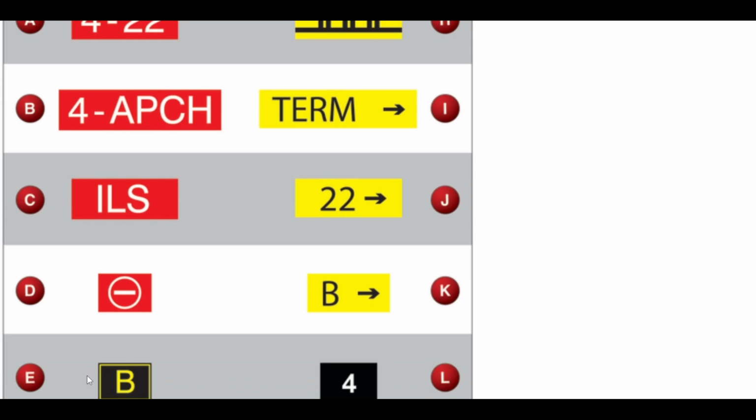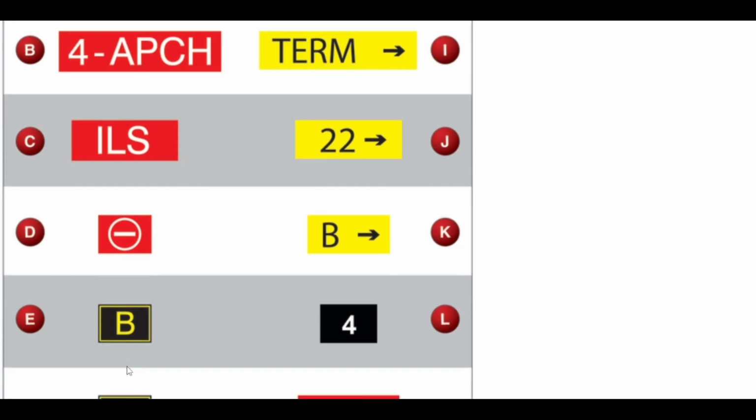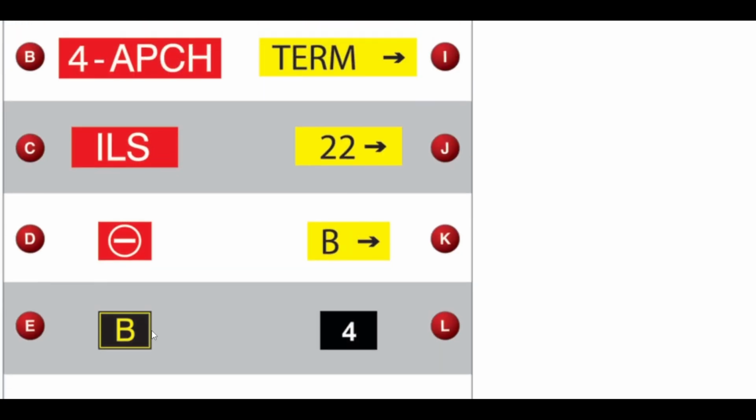E shows a location sign of the taxiway. If you see white border with a black background, that means that's where you're at. I forgot the phrase for it, but that's what I go off of.